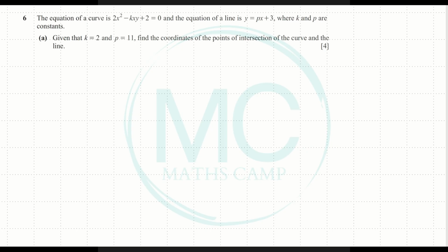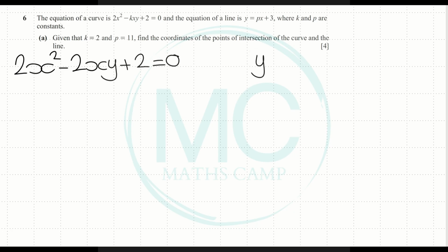So we can write the equation for the curve as 2x squared minus 2xy plus 2 is equal to 0. For the equation for the line, y is equal to 11x plus 3. Now, at the points of intersection, these two equations are equal, which means y in this equation is equal to this y.